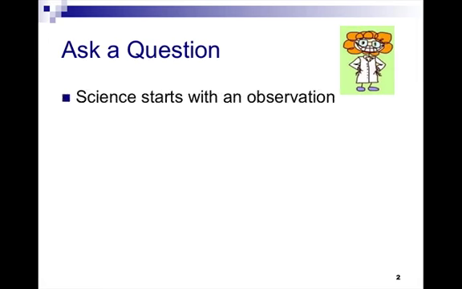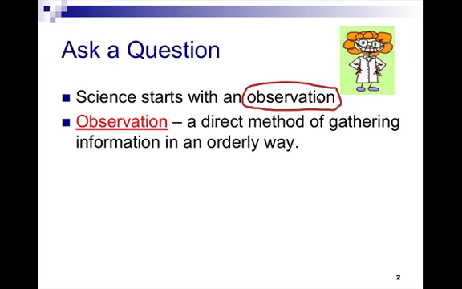Science always starts with an observation, not with an S, with an observation. What is an observation? An observation is a direct method of gathering information in an orderly way.